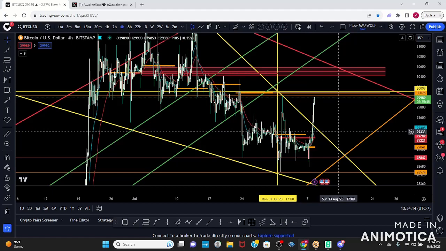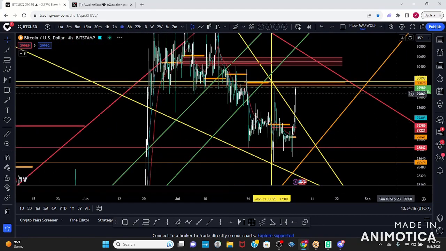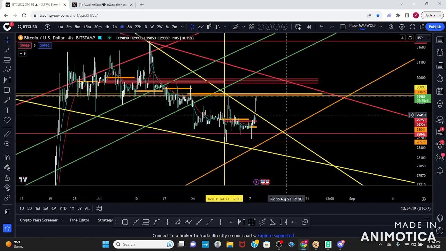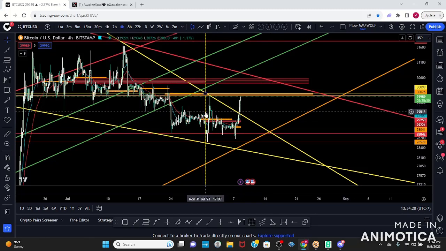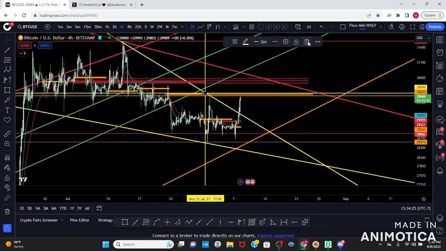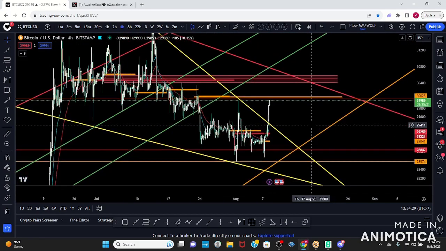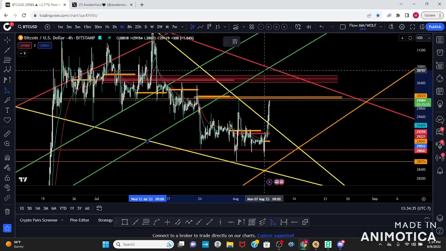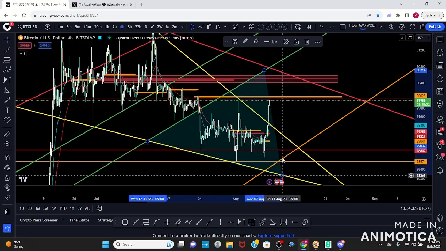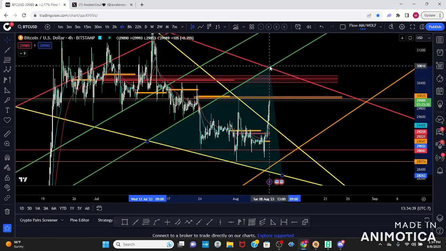But now that we're here, what pattern, what shape, what do you see in this? I'm going to remove this horizontal, this vertical line here. So what do you see off the bat? I do see a possible megaphone playing out right here.